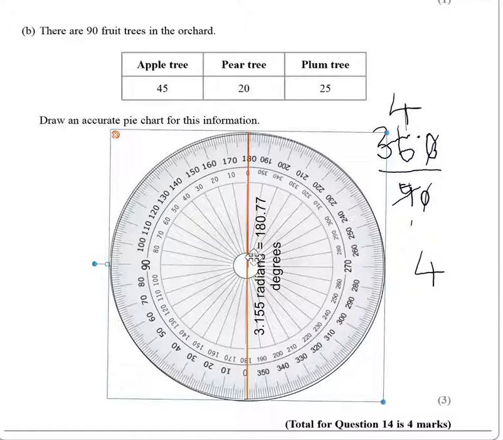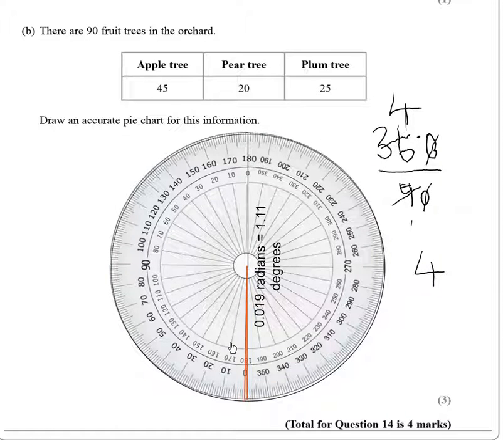So 0 is on the bottom. So here I can use one of these little lines here, and we can count. We now need to work out 20 times 40, 20 here, times the 4. 20 times 4 is 80. So 0, 10, 20, 30, 40, 50, 60, 70, 80.